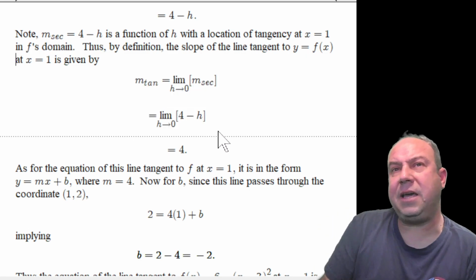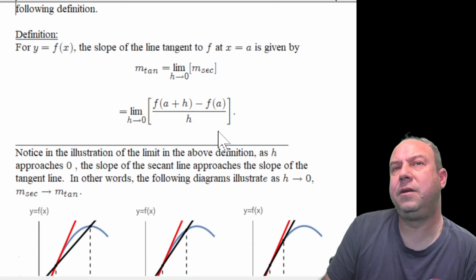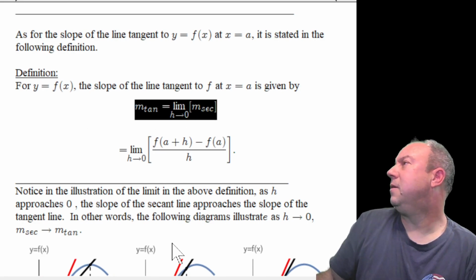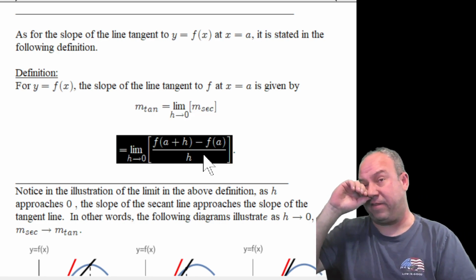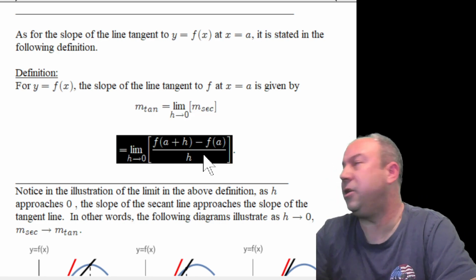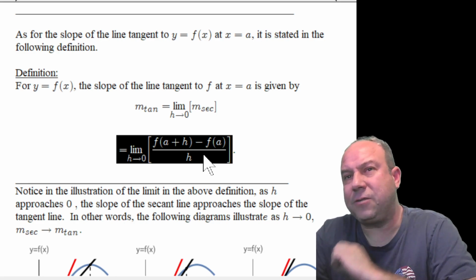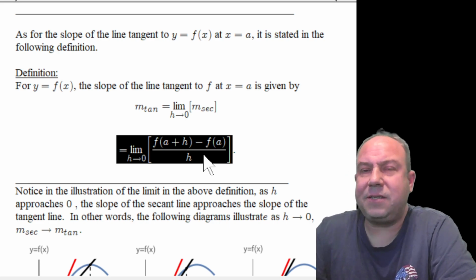And I can apply it in general as we've defined up here. It's defined in general by setting up the slope of the secant line as f of a plus h minus f of a, divided by h. And this is how we go about answering that classical problem from calculus.